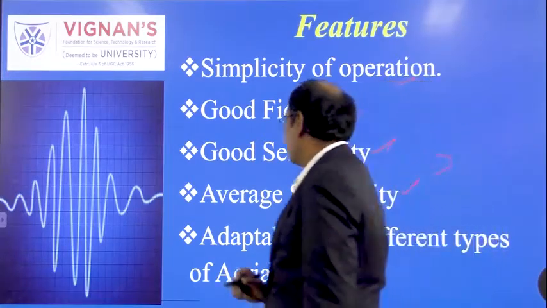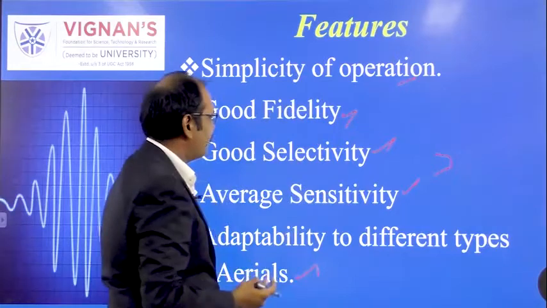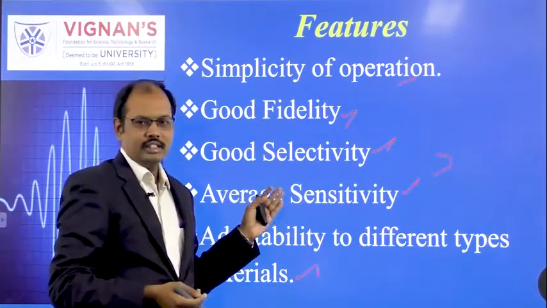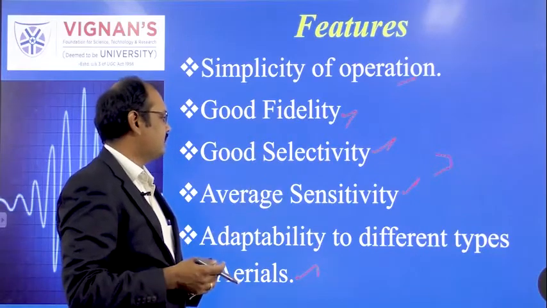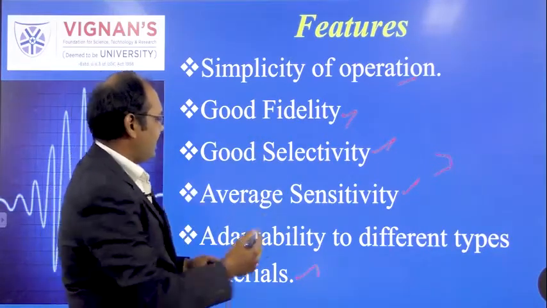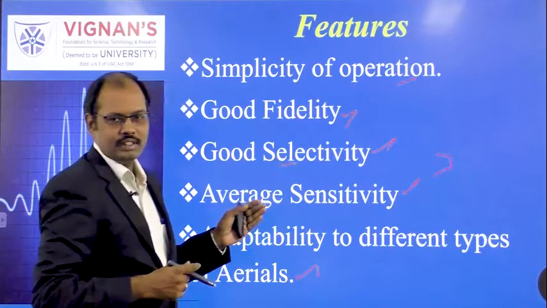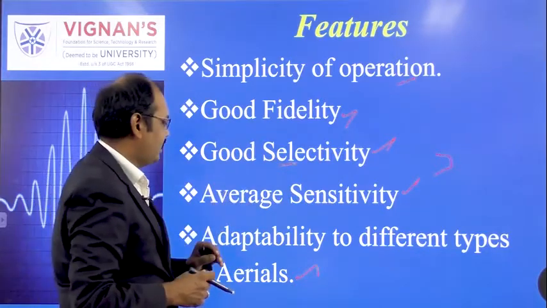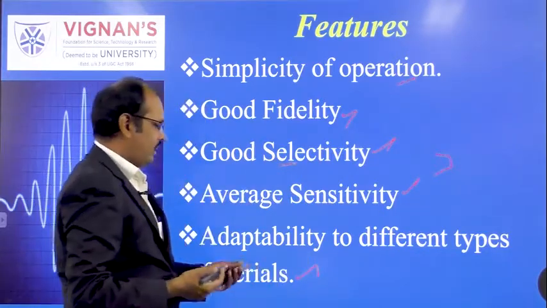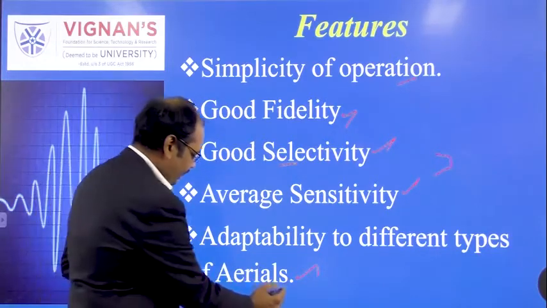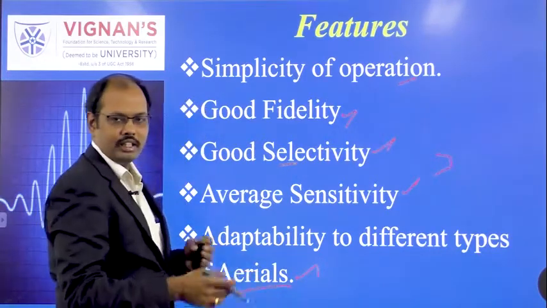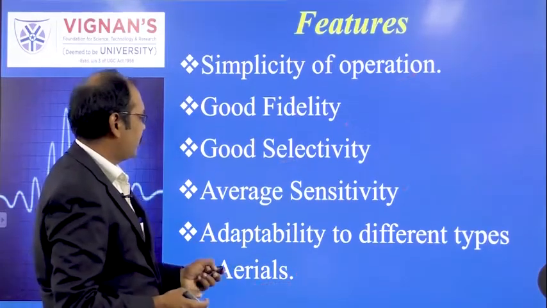We will discuss one by one. First, it must be simple to operate. Selectivity is how the receiver is capable of selecting a desired signal. And adaptability to different types of aerials: aerials means antenna, so it must be adaptable to all types of antenna.